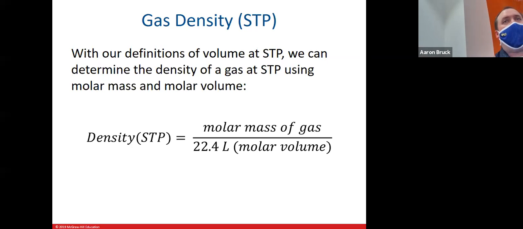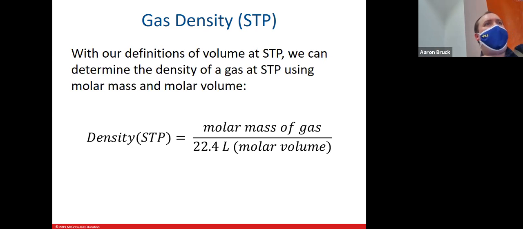Well, we also know from our previous studies that 1 mole of gas has a molar mass. And we find that molar mass on the periodic table. Well, the transitive property would tell us that if the mass is equal to 1 mole and 22.4 liters is equal to 1 mole, then those two are equal to each other as well.